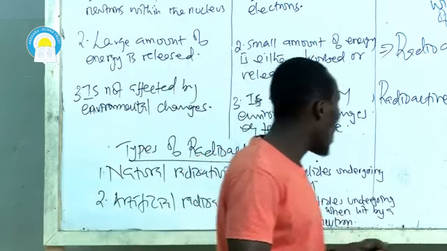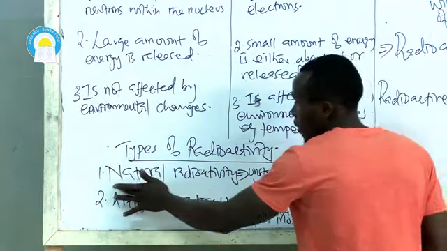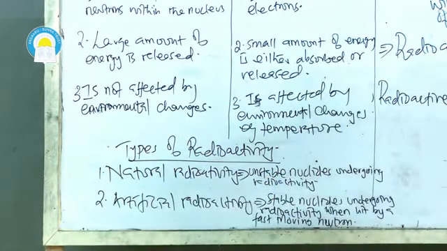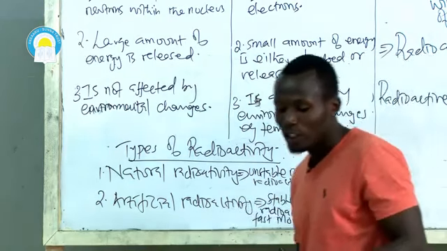So that is what we are going to have as the two types of radioactivity. The first one is natural radioactivity, and the second one is artificial radioactivity.